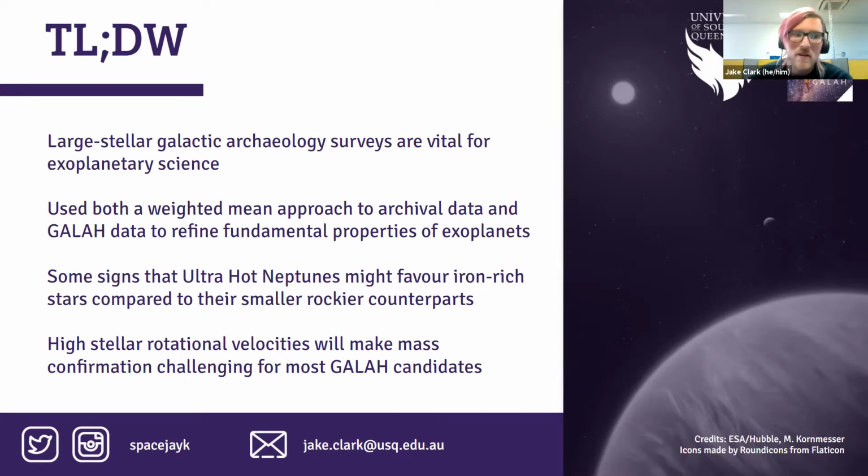It really breaks down that degeneracy, because if you have a one Earth mass and one Earth radius planet, you can have a multitude of different compositions. That's why you need those stellar abundances to help out with the composition.